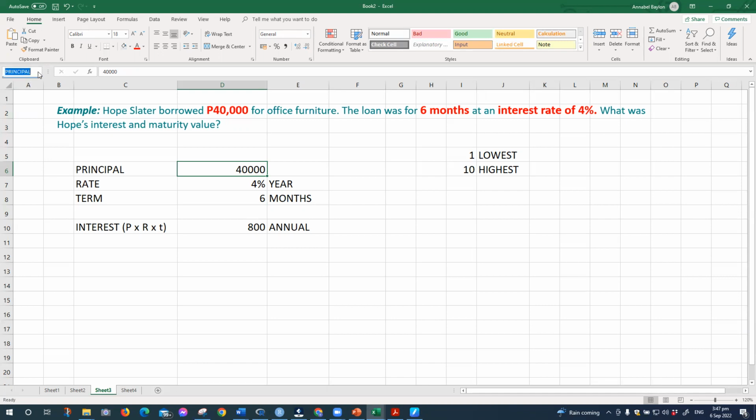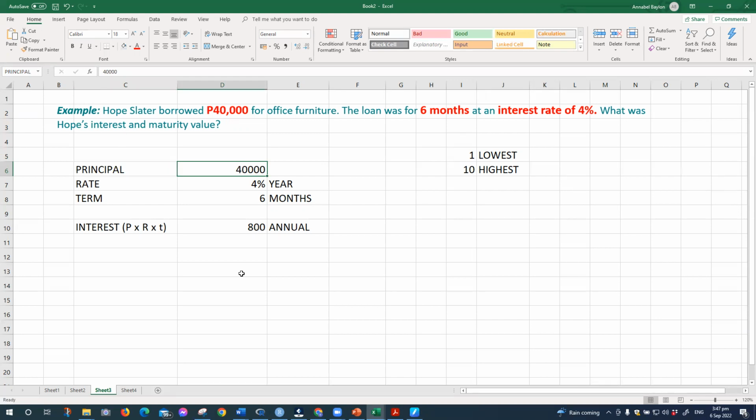When you click this, you now have principal. This D6 is no longer called D6; its name is principal. Unlike this cell, which is C6, and this cell is D6.